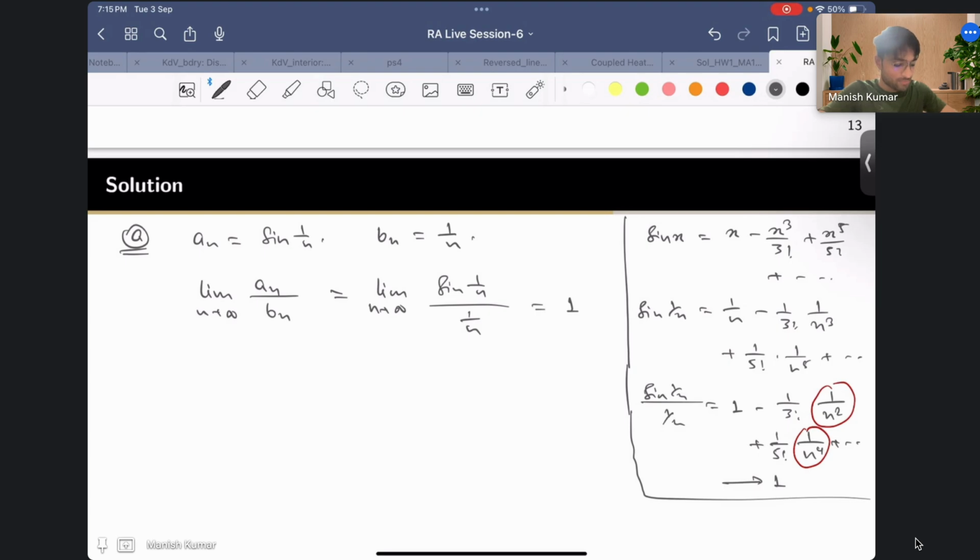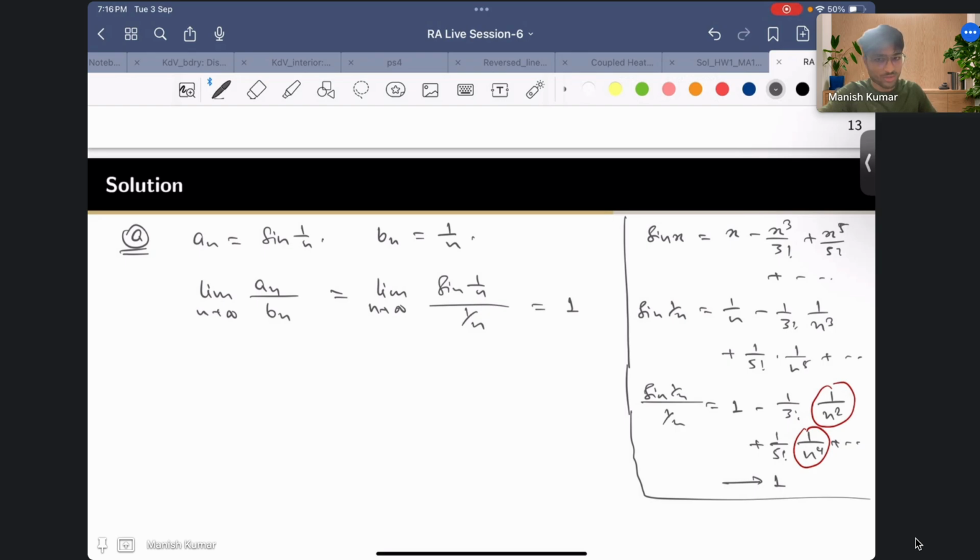Maybe some bound you have to use. Epsilon delta is for continuity, but here it is the epsilon definition of the limit basically. Let's forget about this, but this is one of the proofs which shows that the limit of sine 1 by n upon 1 by n is 1.